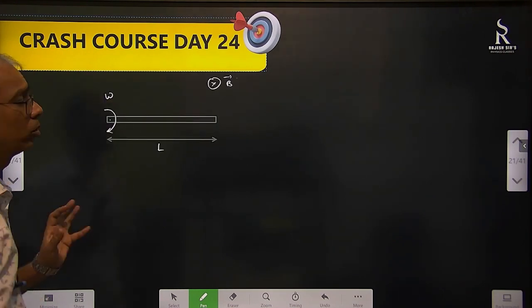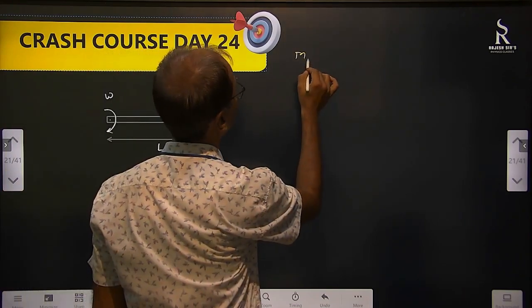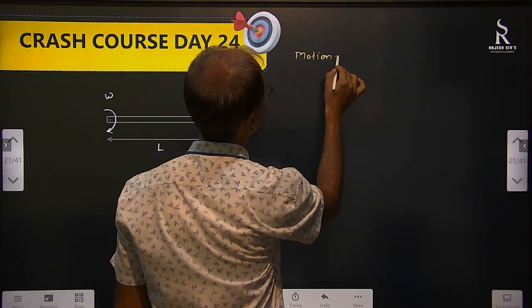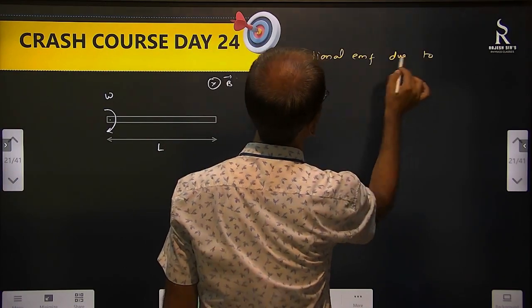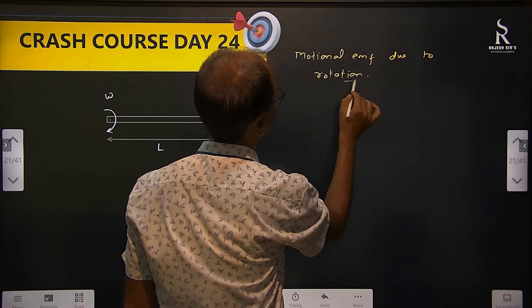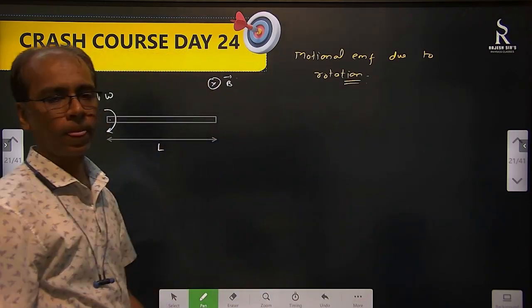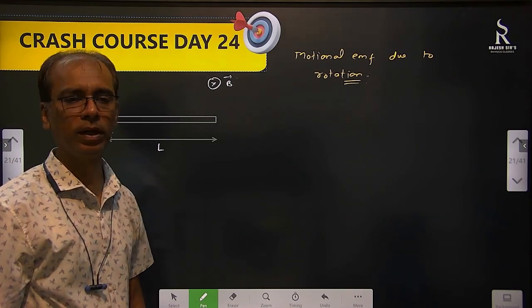Now, there is one more motional EMF, because of rotation. Motional EMF due to rotation. Is the formula different here? No, same formula, BVL only.